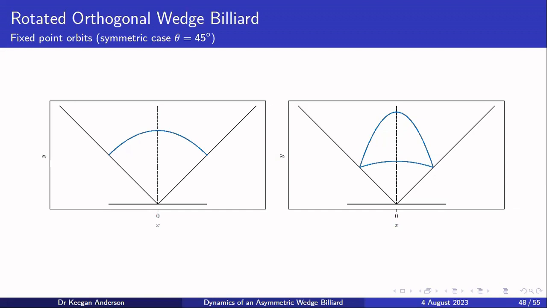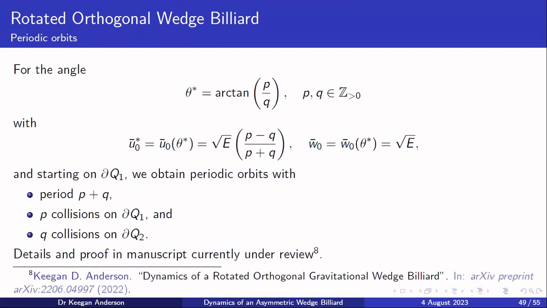And for the symmetric case, which this is illustrating, those are the only periodic orbits you get. If you try to do it for higher periodic orbits, it just comes back to the period 2 one. So those are the periodic orbits in the symmetric case.